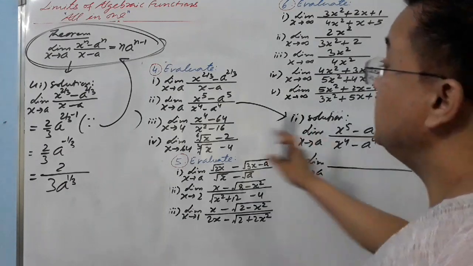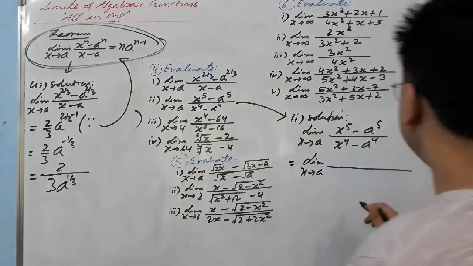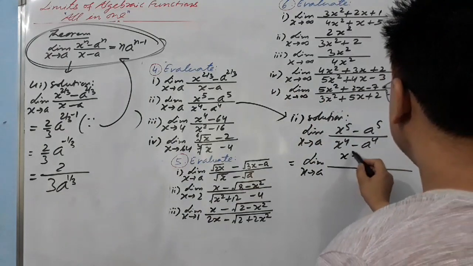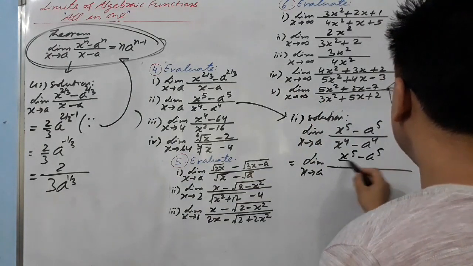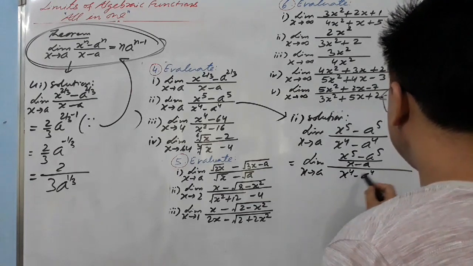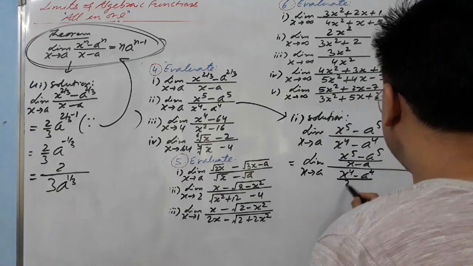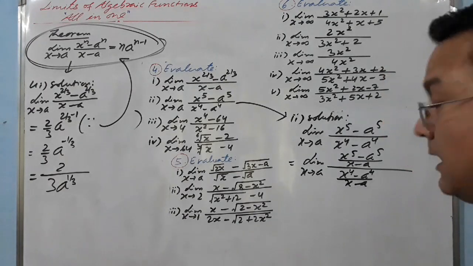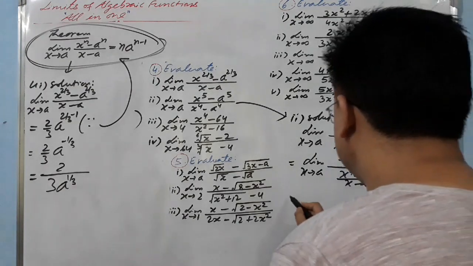Here we need this form, so let's divide numerator and denominator by x minus a, giving x raised to power 5 minus a raised to power 5 over x minus a, over x raised to power 4 minus a raised to power 4 over x minus a.